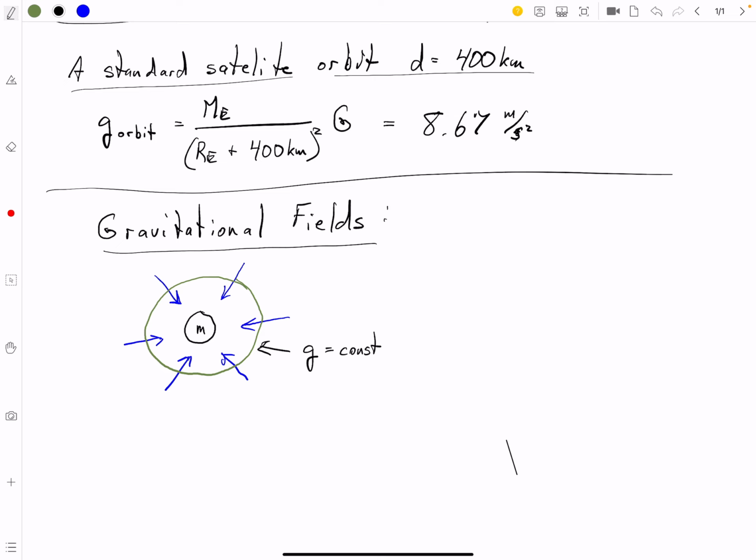points along that equipotential, okay? But definitely G changes as we move in and out through the different equipotentials, right?